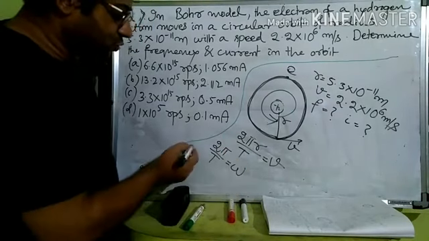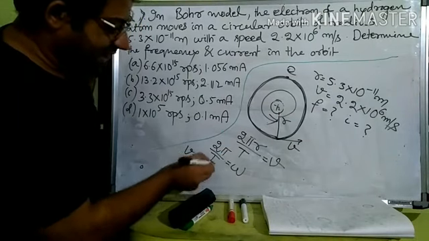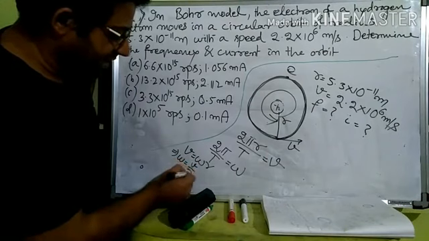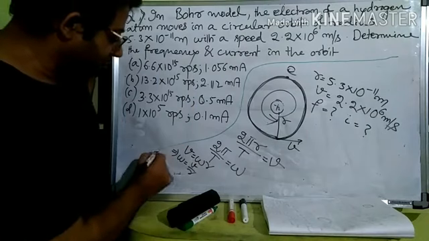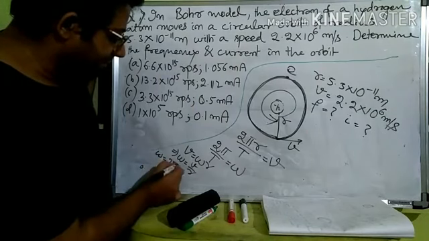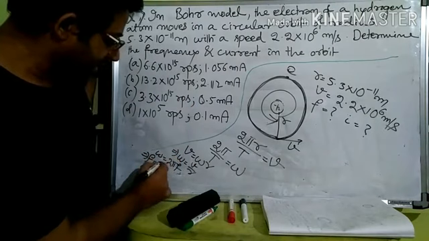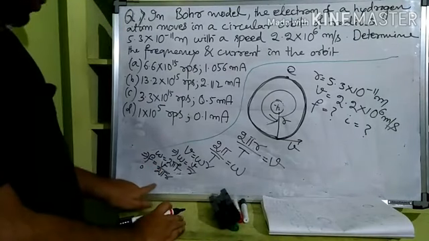So from these two we get v is equal to omega r, which implies omega is equal to v by r. But we know that omega is equal to 2πf, which implies f is equal to omega by 2π, that is v by 2πr. Yes or no?